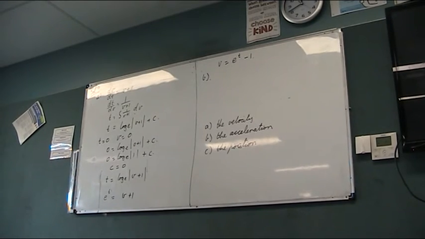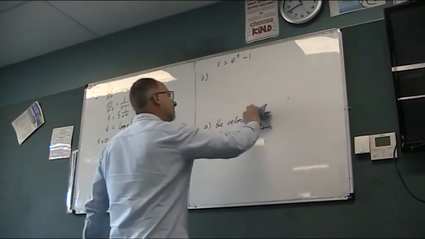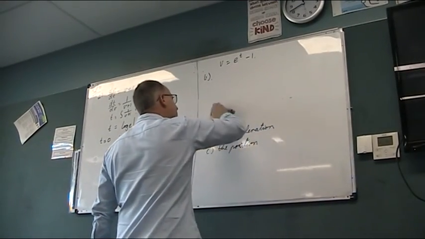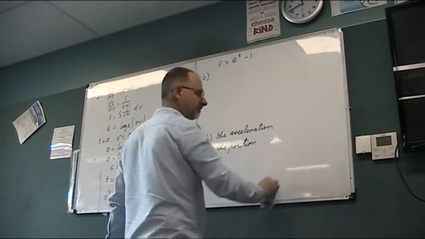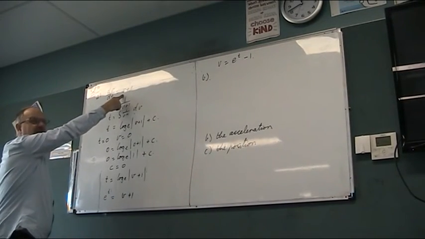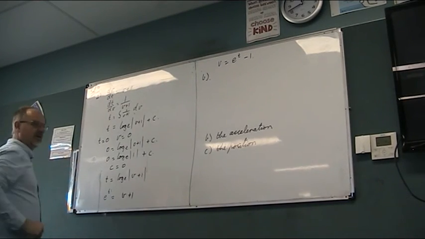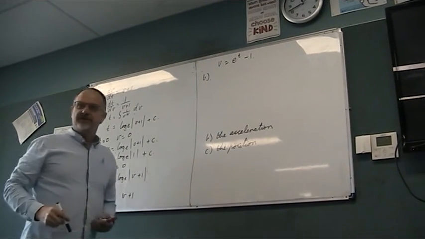All right, part B says the acceleration as a function of time is what we want. We already had the acceleration up here as a function of the velocity, but we wanted it as a function of time. So what do we have to do?